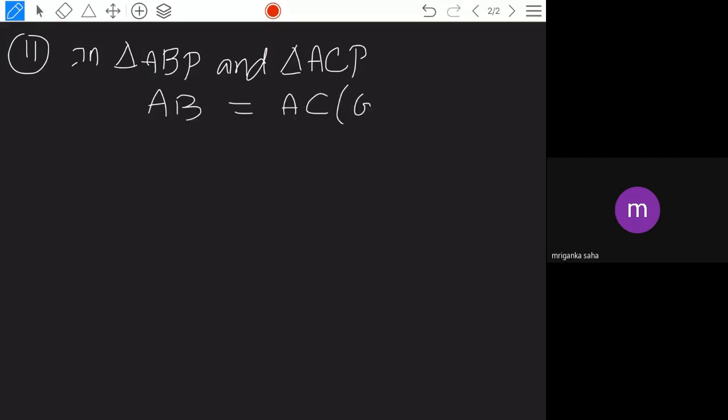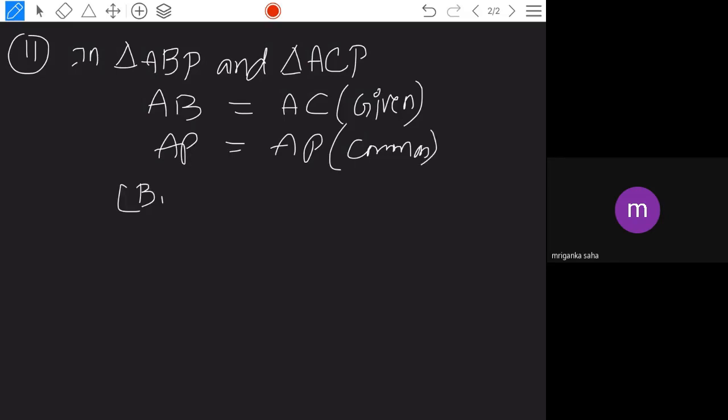This is also given, and AP is equal to AP. This is common. And what you can write again? Angle BAP is equal to angle CAP by CPCT of first part.